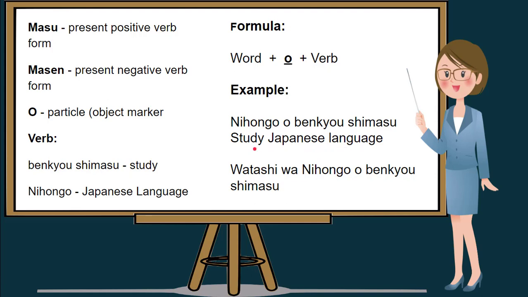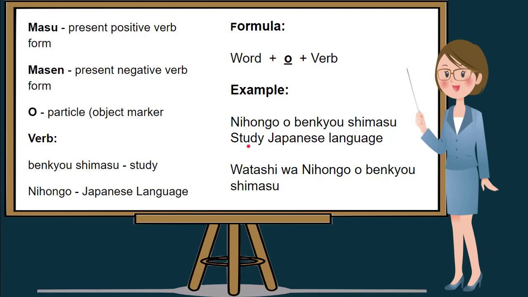How about if we make this sentence a negative verb form using masen? This will become Nihongo o benkyou shimasen. Shimasen is the negative verb form.